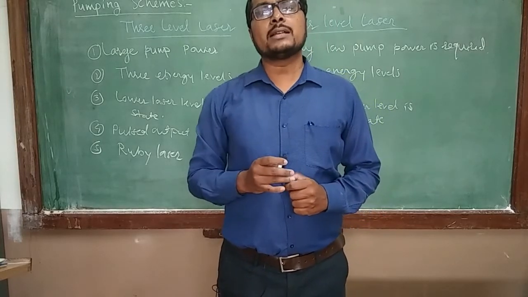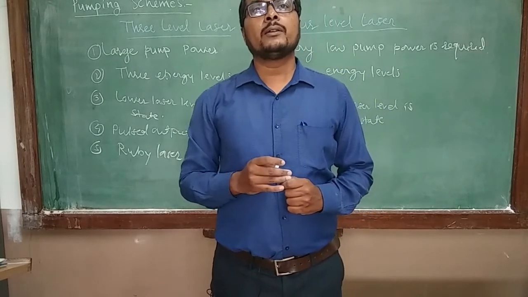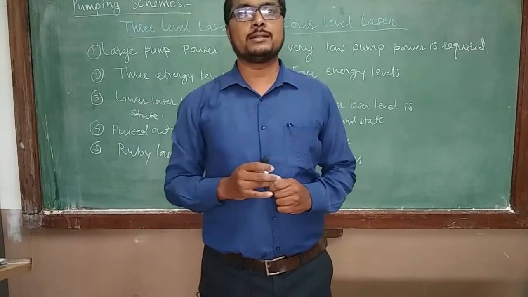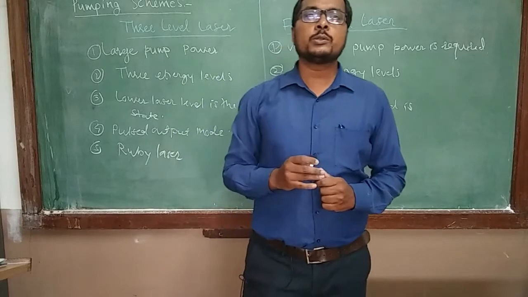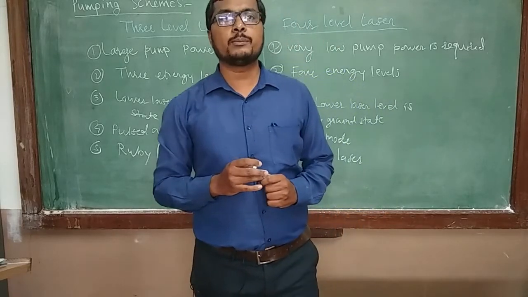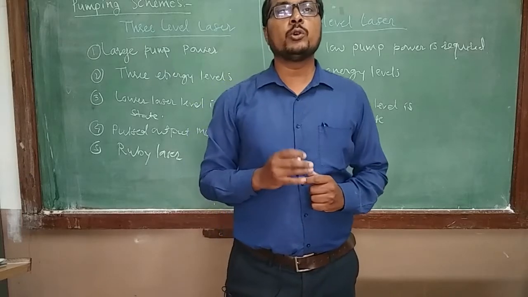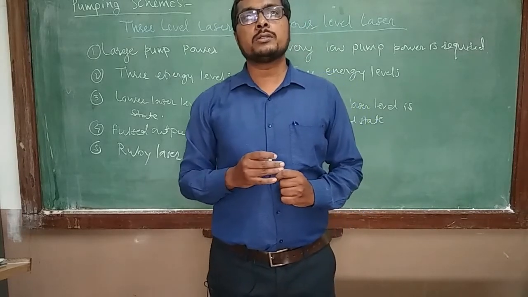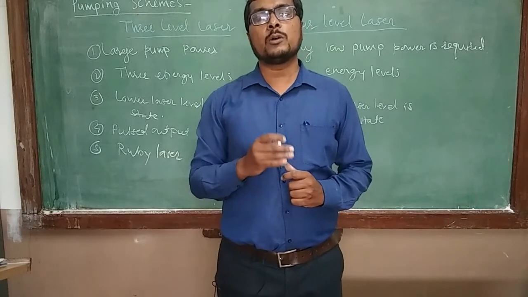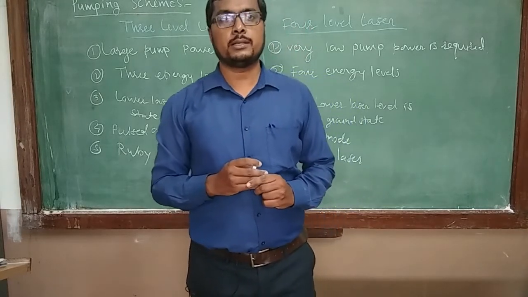So in today's lecture, we have studied different pumping schemes used in lasers. We also learned that the 2 level laser pumping scheme cannot be used in a laser, because we cannot create population inversion in it.